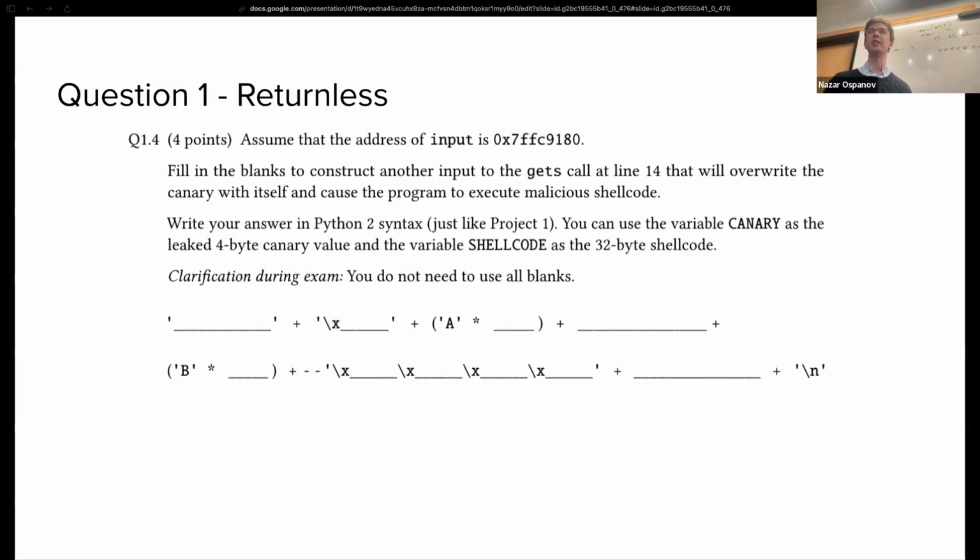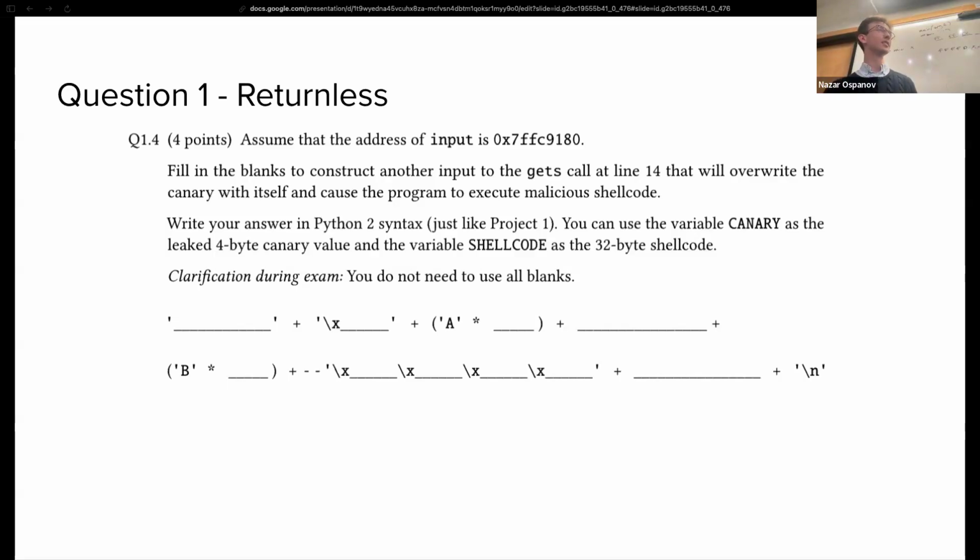How about the other blanks? I wrote 20 bytes of garbage using the A's to get us up to the canary. And then for the address there, I couldn't quite calculate the last byte. You have to move it slightly above input. Right, for sure.